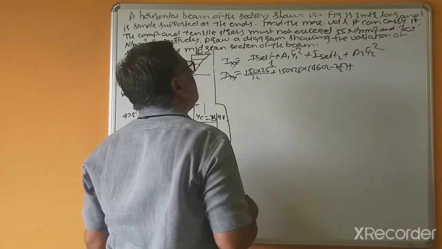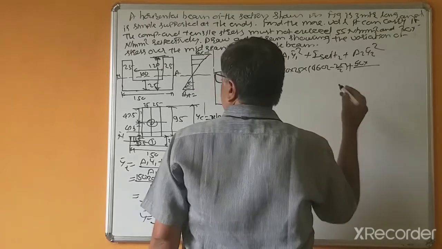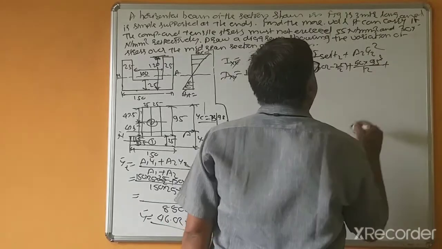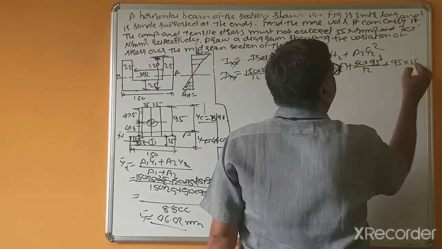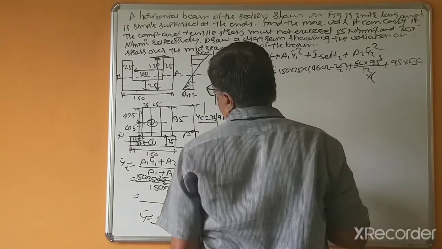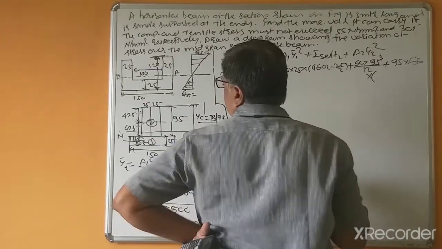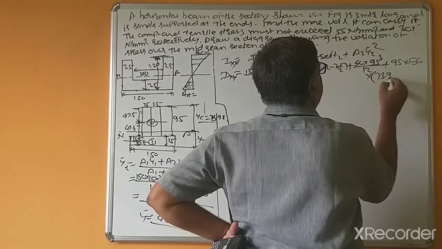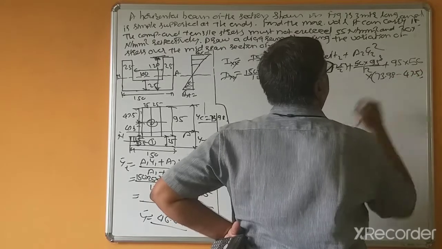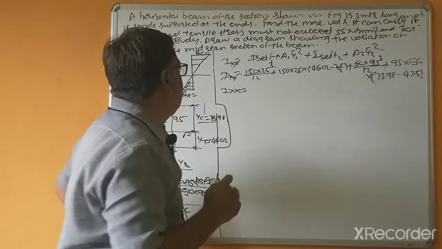Plus the self moment of inertia of the second, B2 equal to 50, 95 cube divided by 12, plus 95 into 50, multiplied by YC equal to 73.98 minus 47.5. So we'll calculate separately.